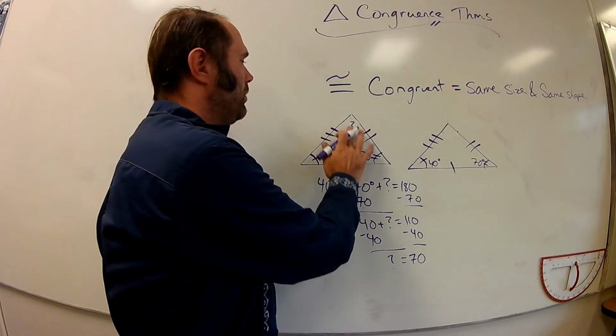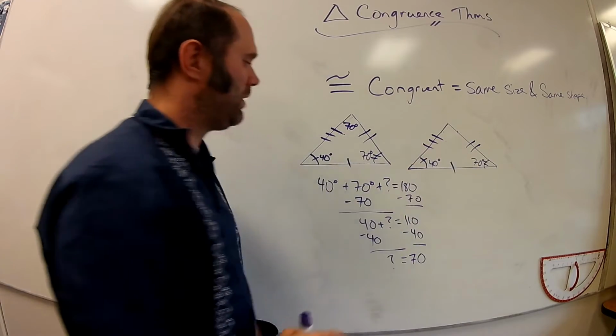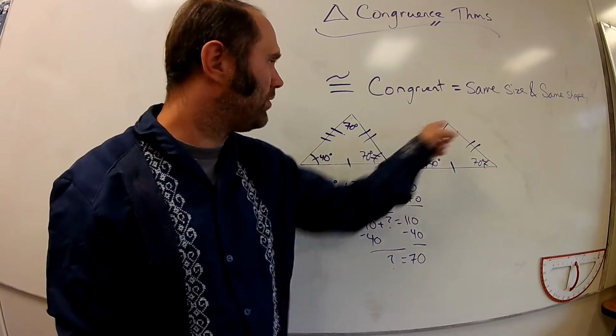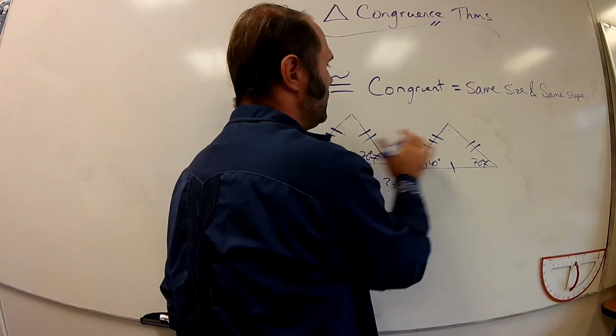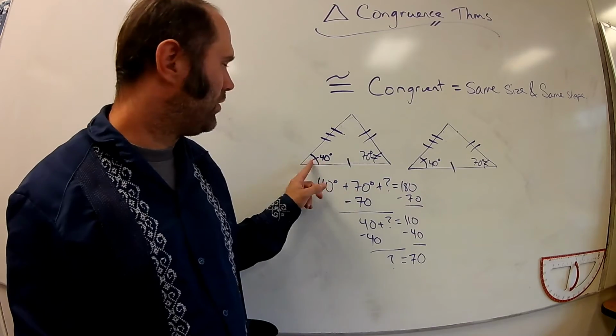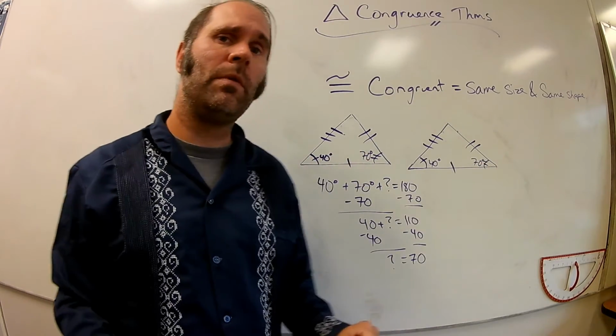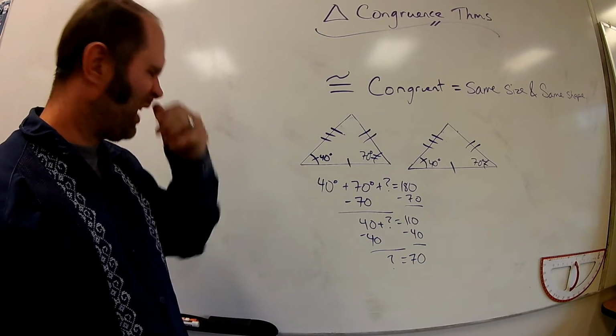So this question mark is 70. Well, this is 40 and 70. If we do the same for that one, we're going to get 70. So even though we don't know what those angles are until we do the calculation, we can find out. We don't even have to find out. Since two of the three angles are the same, the third angle must be the same. So that's pretty helpful.